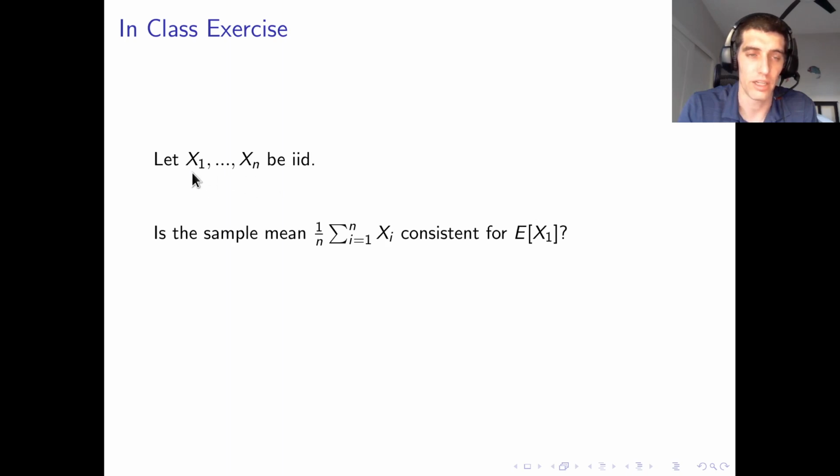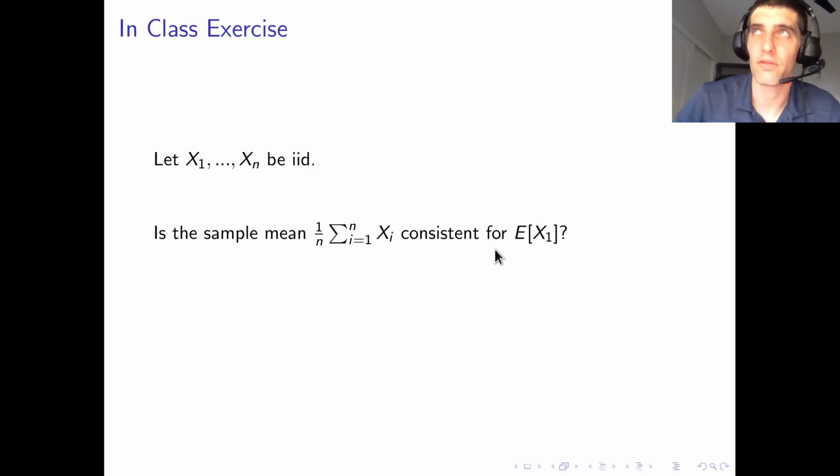These are all independent, identically distributed. I've written x1 here, and I can do that because all these x's have the same expectation, since they're identically distributed. It's all the same. I'll pause; you can flip through the slides and see if you can answer that question.